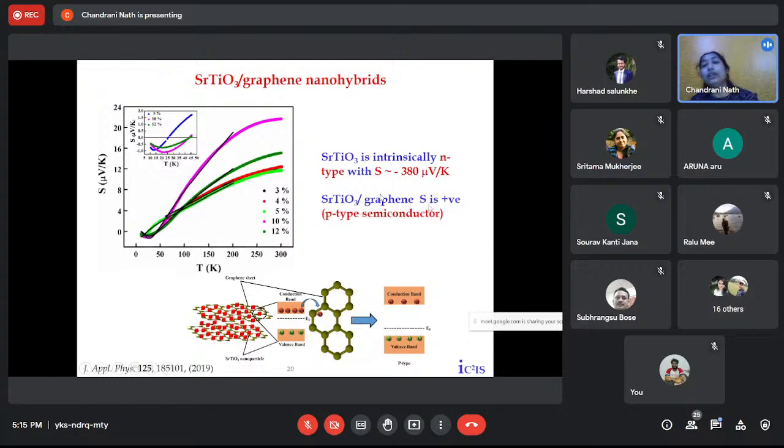Our thermopower value is positive, giving us the conclusion that our nanohybrids have turned from N-type to P-type semiconductor. Why? We have a plausible assumption: since graphene is a very good electron acceptor, the electrons from strontium titanate move to the graphene nanoflakes, in turn turning the whole system into P-type.